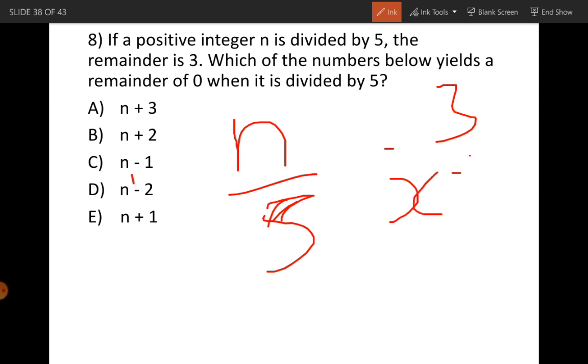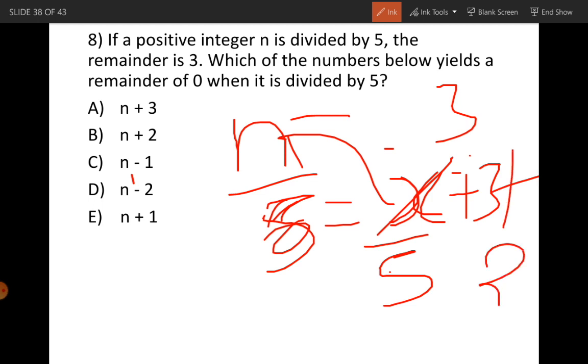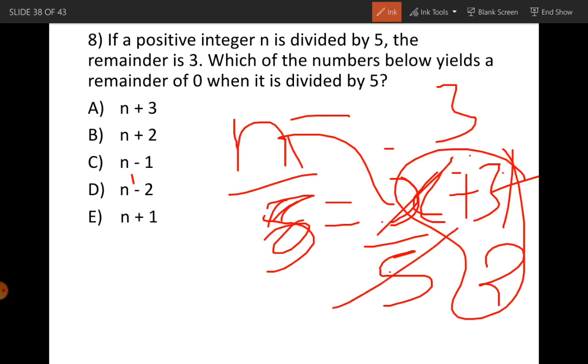Let us consider it like this: x plus 3, where x is completely divisible by 5. Like this, if you add 2 to this number, the final number we get is also divisible by 5. Okay, you understood? So n plus 2 is the right answer.